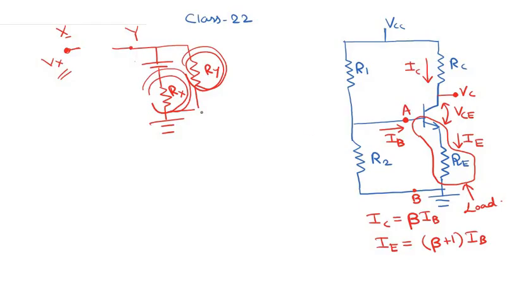Just like we concluded that if on increasing Vx there is no current change across Rx or Ry, then the impedance Z is infinity, and the points X and Y are open circuited.